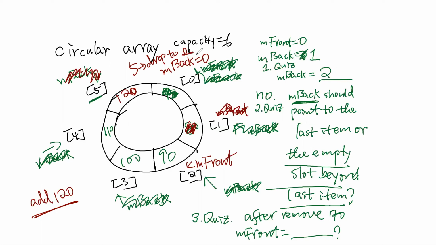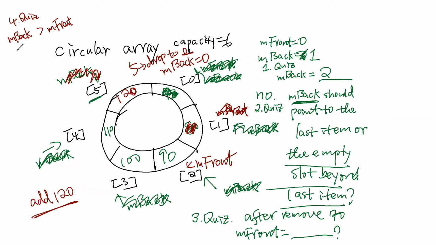Previously, each time we add, we always increment back. But now it should drop to 0. Drop to 0. And also, did you see, in this case, if I say M back is always greater than M front, this is our fourth quiz question.